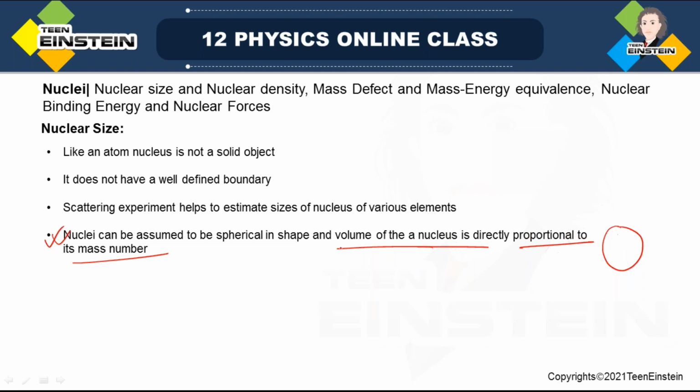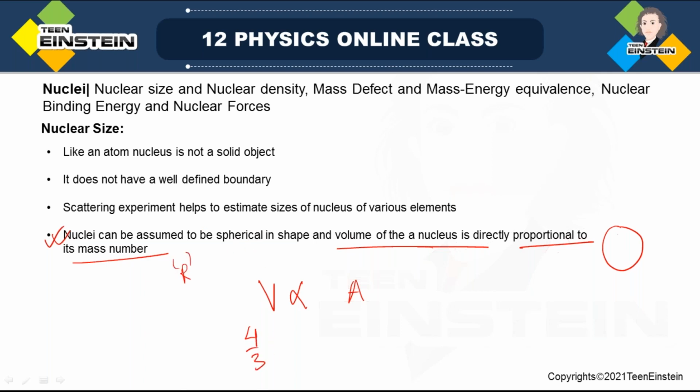So what does it say? The volume of the nucleus is directly proportional to its mass number. If I write, nuclear volume is directly proportional to mass number. Now look, ideally we can take the nucleus in spherical shape.